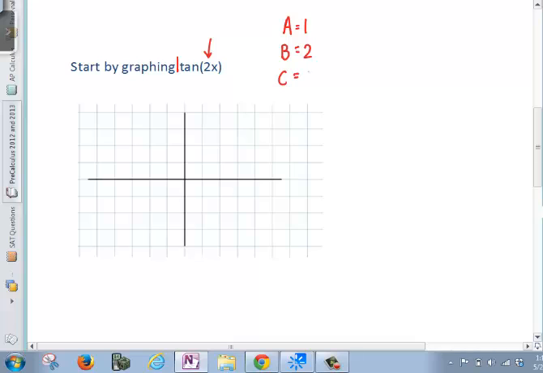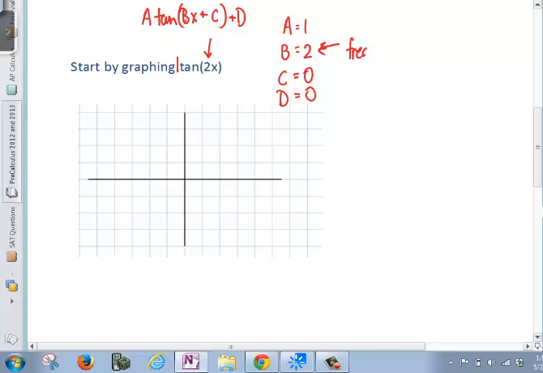What the phase angle would be, because there's nothing inside, would be 0. So the fully developed tangent equation would look like this. And the vertical shift is 0. So we really just have a frequency change in this problem.